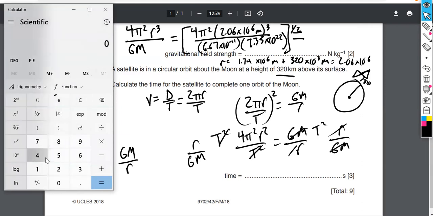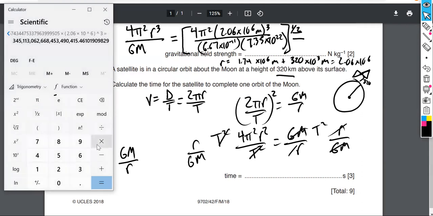Do over. 4 times pi squared times 2.06 times 10 to the 6 cubed.